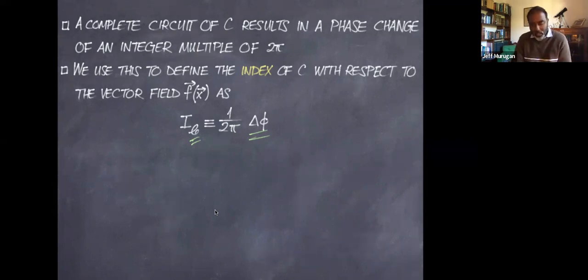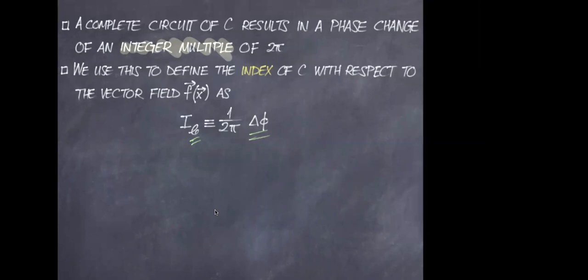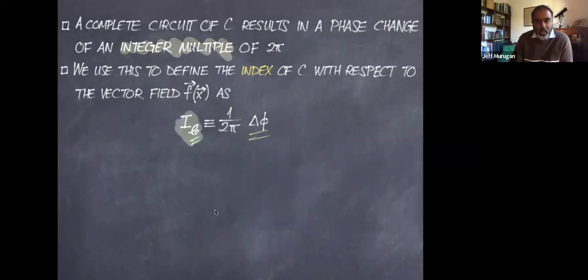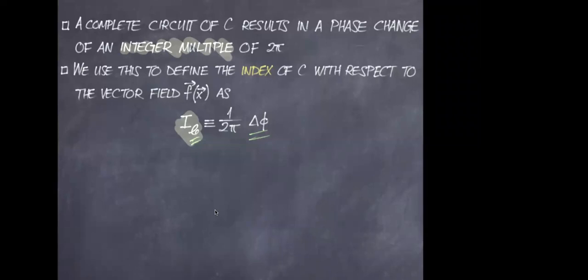Dividing out by 2 pi will single out just this integer multiple that we're looking for. And that integer specifically is what we will call the index of the curve C with respect to the vector field.